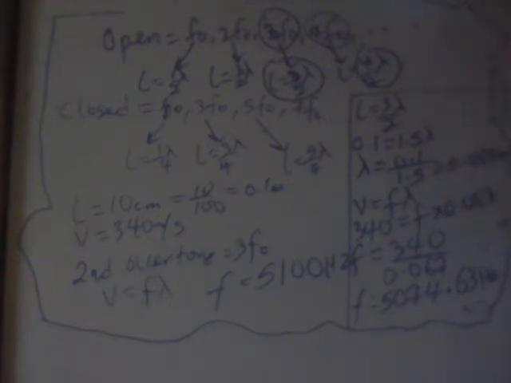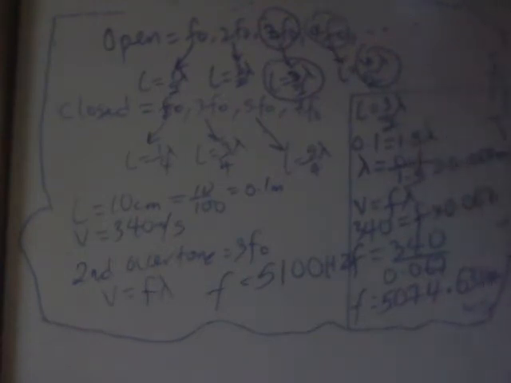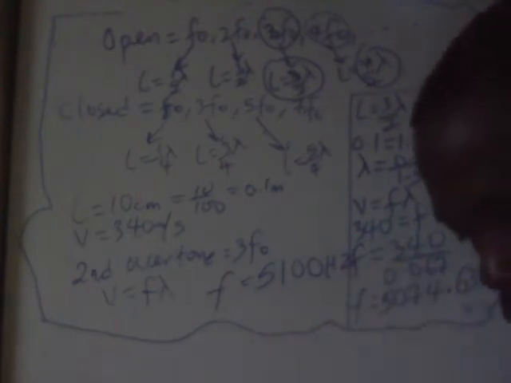Let's look at the options: 1700 hertz, 3400 hertz, 4400 hertz, 5100 hertz, and 6800 hertz. Our correct answer is 5100 hertz to the nearest 100. So number 29, option D, is the correct answer.